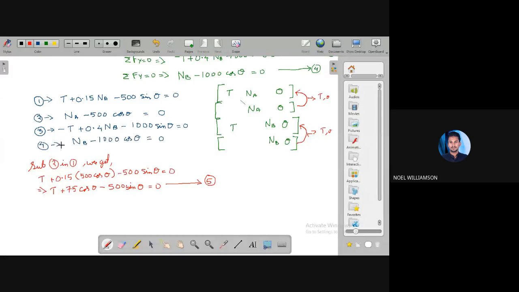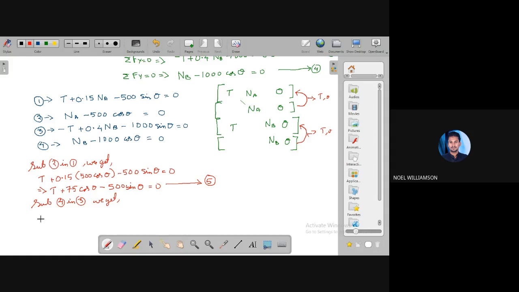Now similarly substituting 4 in 3, we are taking the value for NB from this relation, that is NB equal to 1000 cos theta, and we are substituting here.